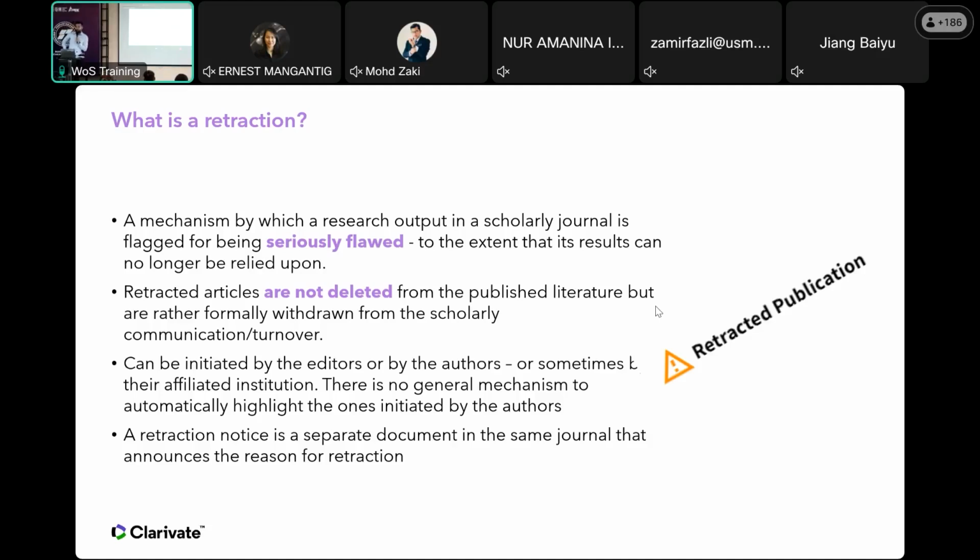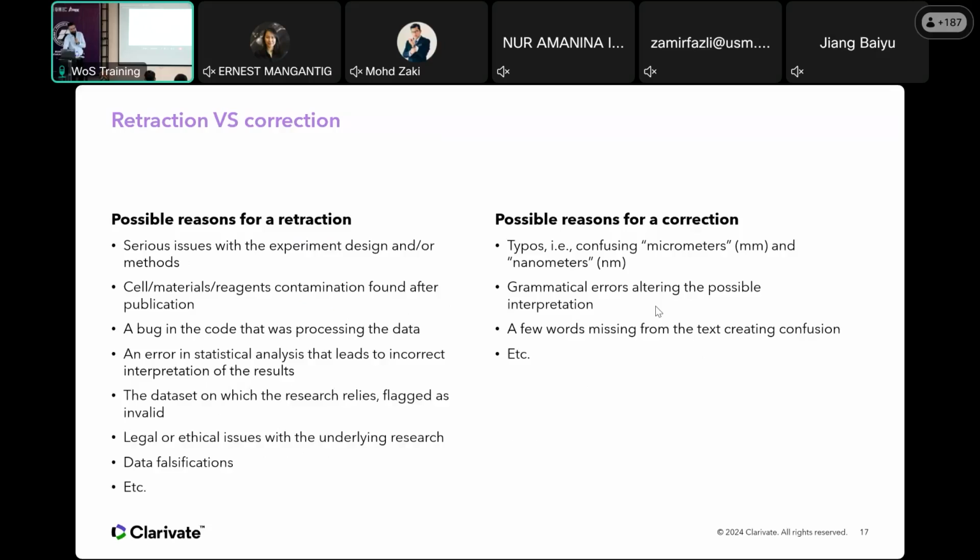And yeah, it's also important to understand that a retraction notice is a separate document that is published in one of the subsequent volumes of the same journal, but it will have the original document as a connected document. So the retraction notice will just announce the reason for the retraction.